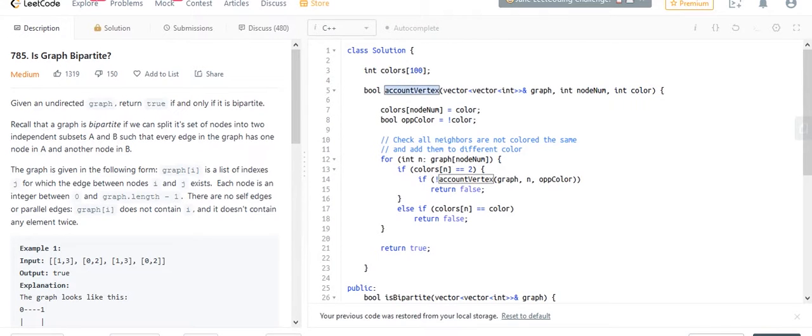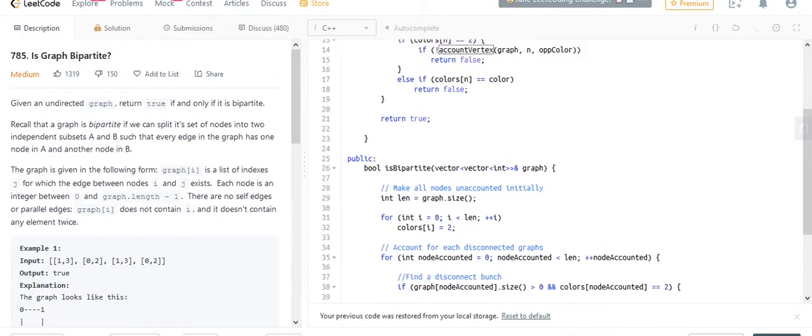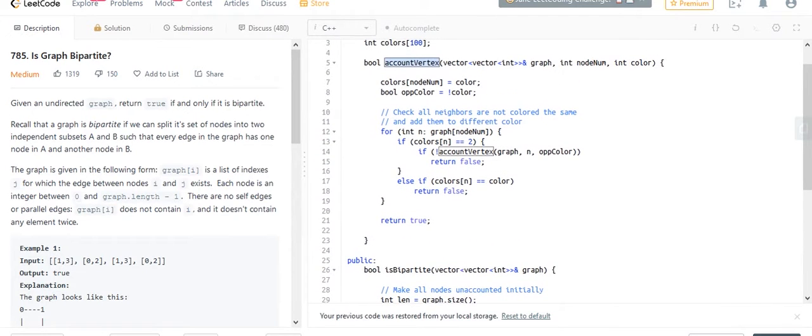And using a depth first search, I start accounting vertices from a node, and I make sure that if all of its neighboring vertices are unaccounted for yet, which I represent by number 2, I account them with the opposite color.